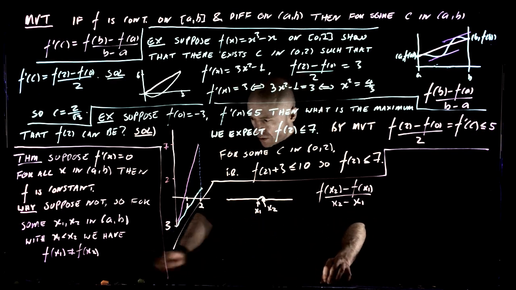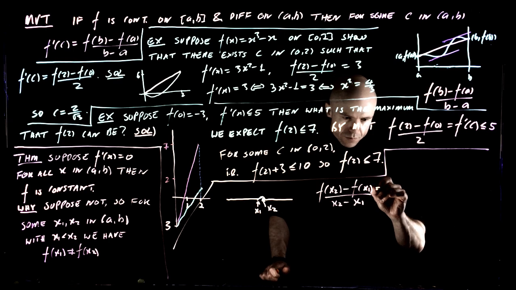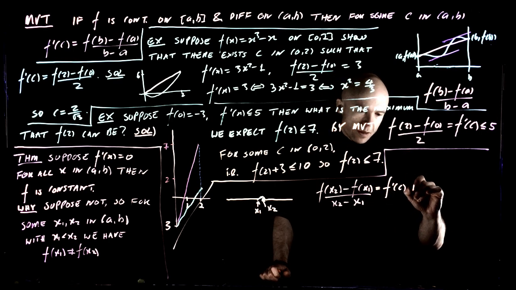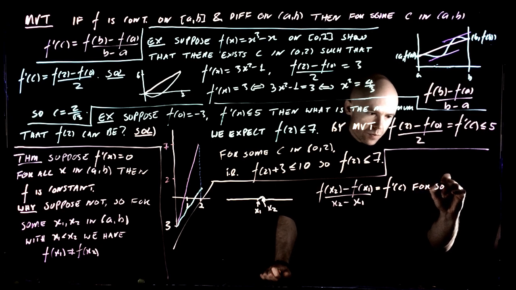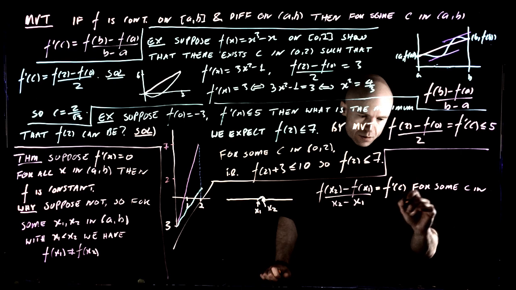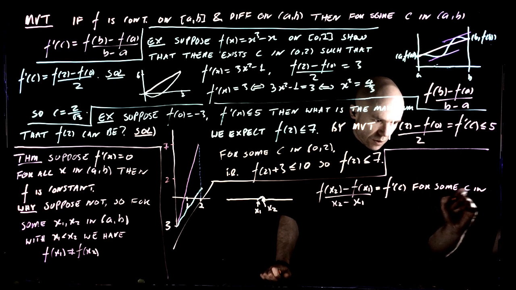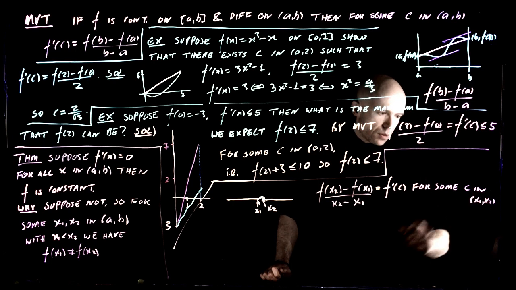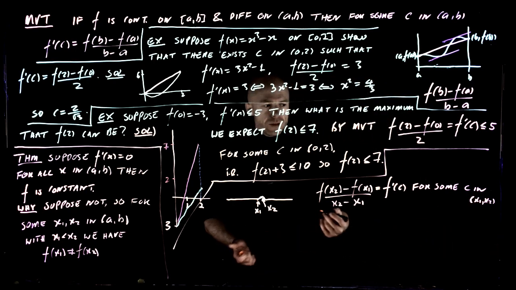So this is also equal to f prime of c for some c in this interval x1 to x2. Yeah? But that's a problem.